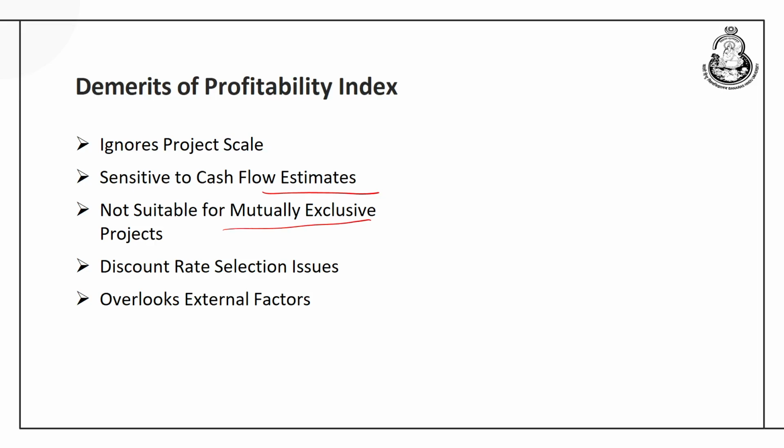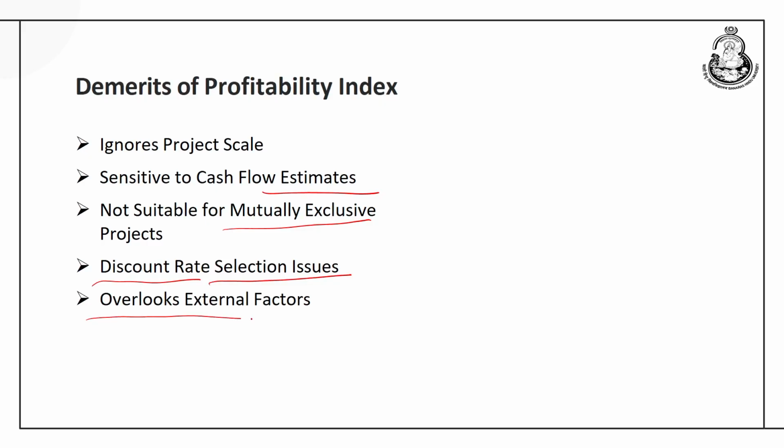It sometimes may not give us a good result for the mutually exclusive projects, which is possible in case of NPV. The selection of discount rate, that is the hurdle rate, is again a subjective matter and it is subject to dynamism, where it will keep on changing when the pattern of financing is changing in a firm.